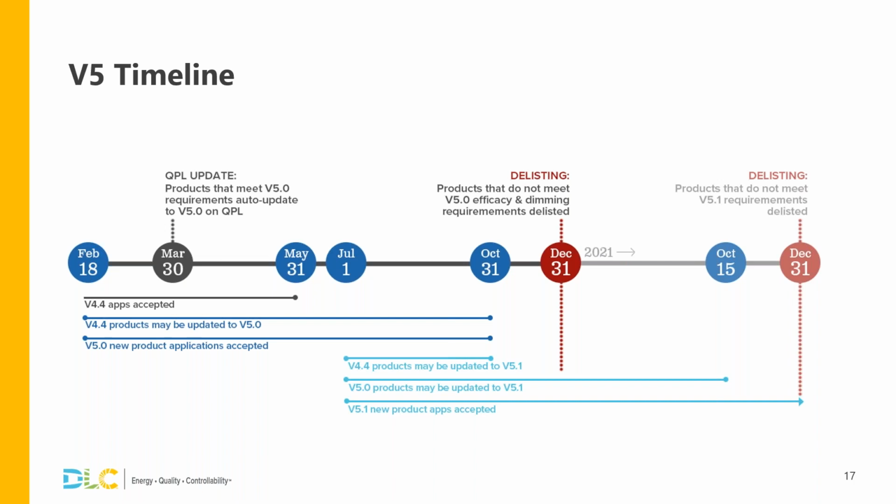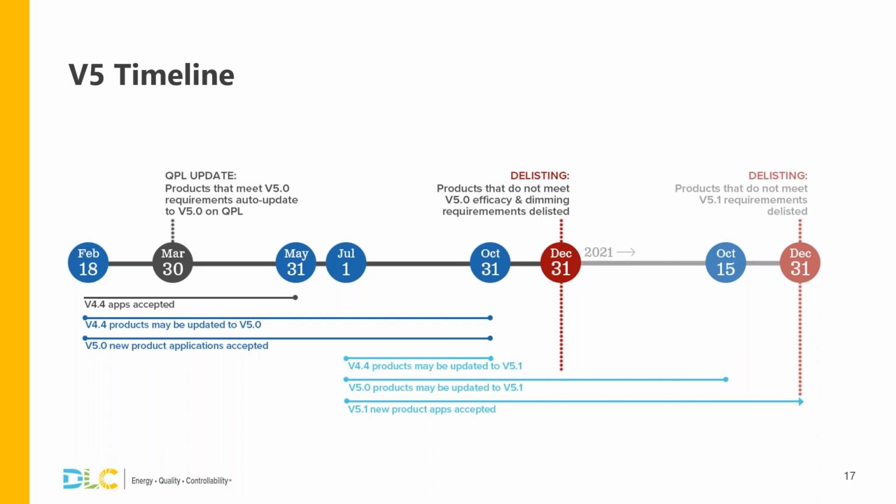Version 4.4 applications will be accepted until May 31st, at which time any application must be 5.0. So that's that grace period that's allowed for any version 4.4 applications that are recently submitted or in development now. We allow that time for 4.4 applications to be accepted until May 31st. So starting June 1st, any application must be 5.0.